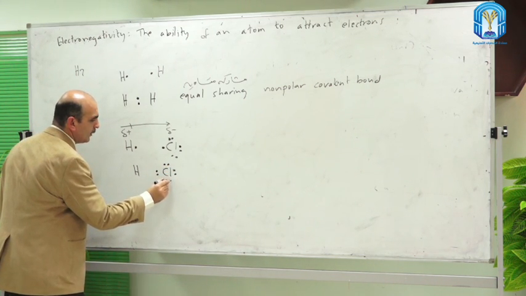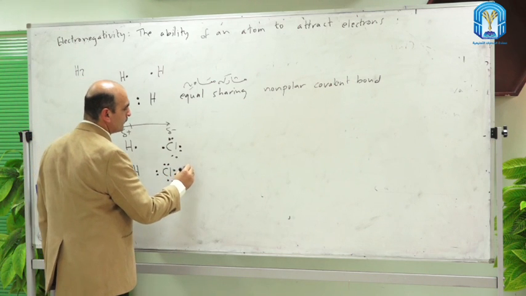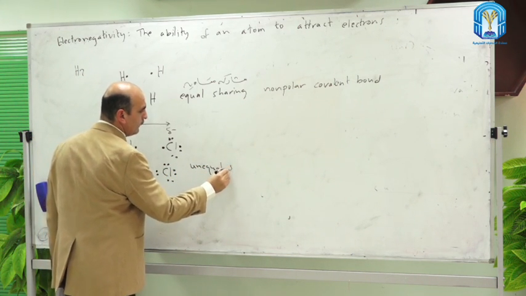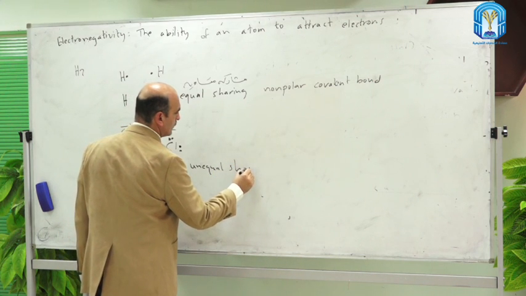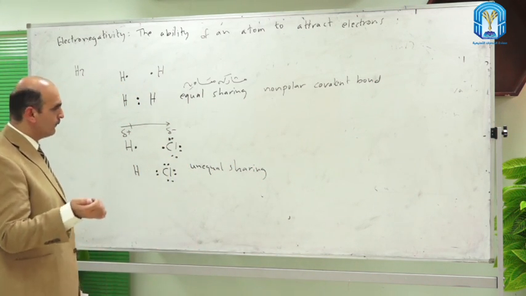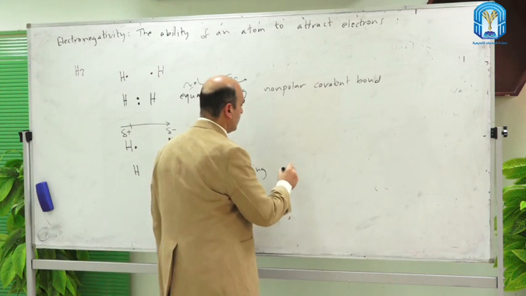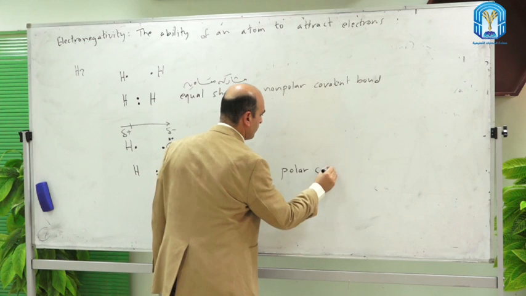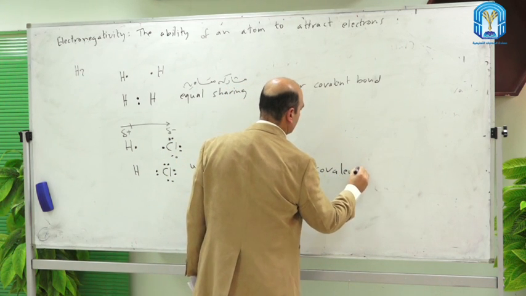So this sharing is called unequal sharing. مشاركة غير متساوية. And this one is called polar covalent bond.